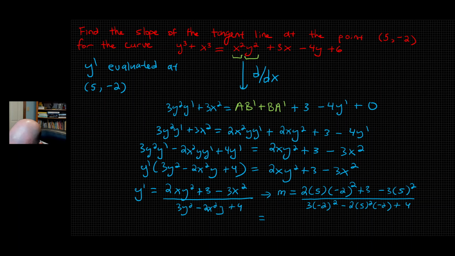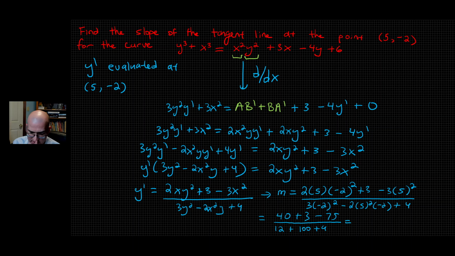We get 1040, the first part, plus 3 minus 75, all divided by 12, and then 5 squared times, so 5 squared 25 times 2 times 2, 100 plus 4.